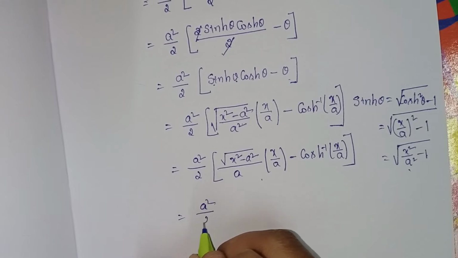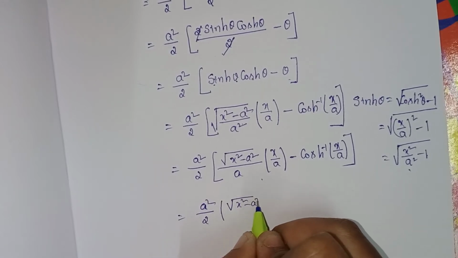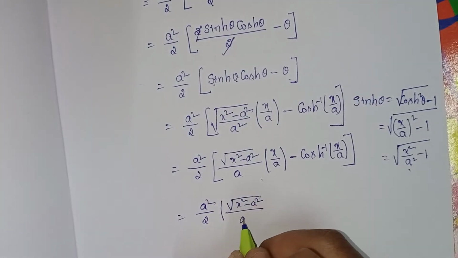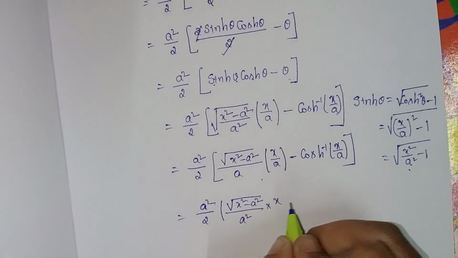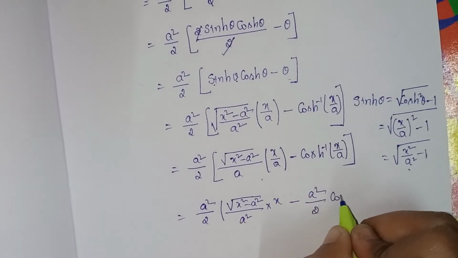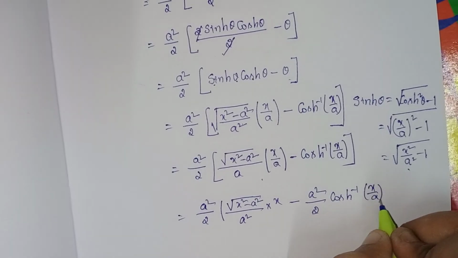A square by 2 into root x square minus a square by a into a square into x minus a square by 2 into cosh inverse of x by a.